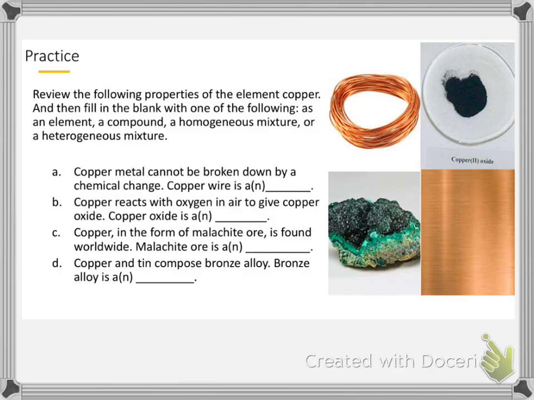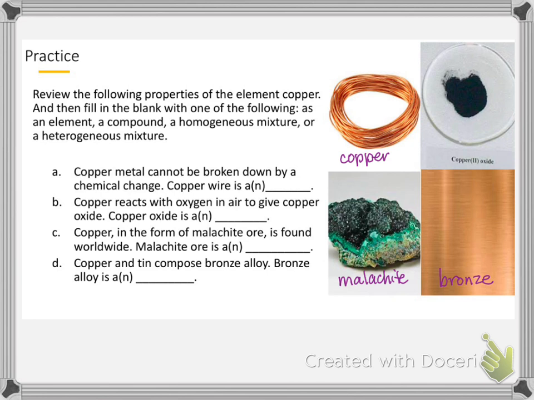There are illustrations. This is the copper wire. This is the copper oxide. We see that. This here is the malachite, and this is the bronze. So pause. Read the question because it has a lot of words, and then I will answer it.